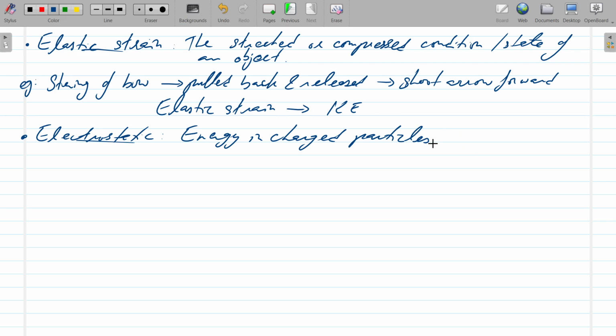It is involved in electricity, and this kind of energy can be transferred by an electric current.